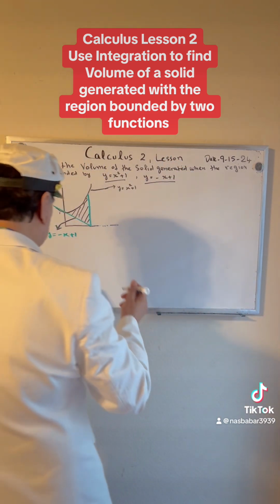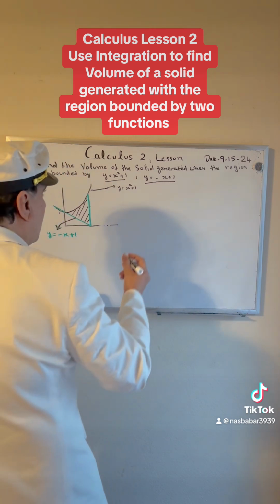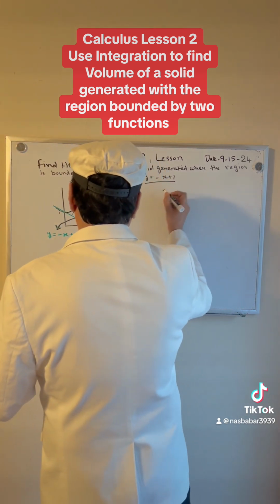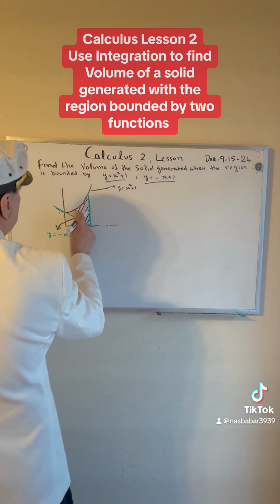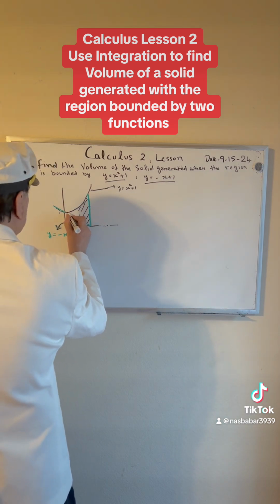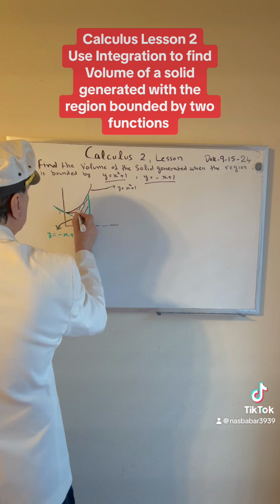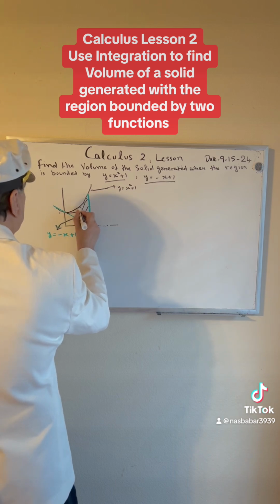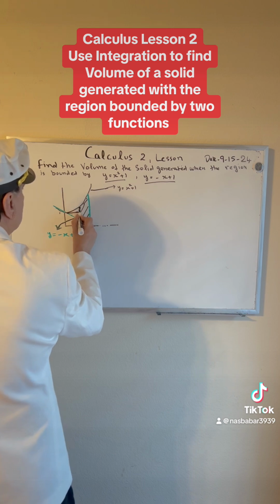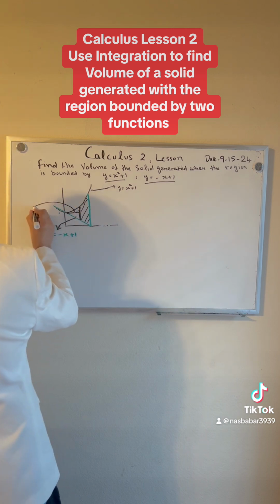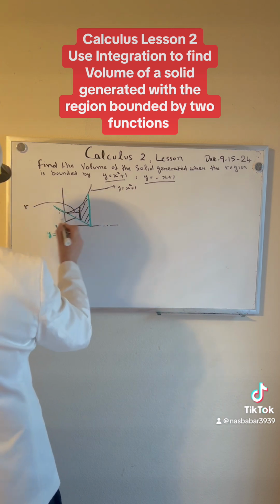So in this particular case, R is the radius. Okay. If I draw this right here, let me erase this. So this R is my radius. I'm going to say this is R, which is radius.